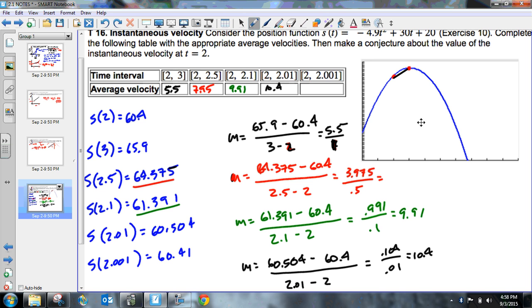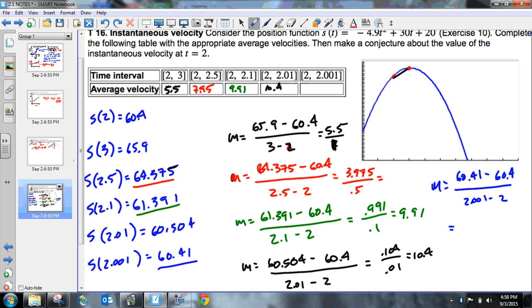Okay, now let's do the last one. Let's do that in blue. So that slope is 60.41 minus 60.4 all over 2.001 minus 2. I just don't want to screw this up. My mental math is terrible, folks.